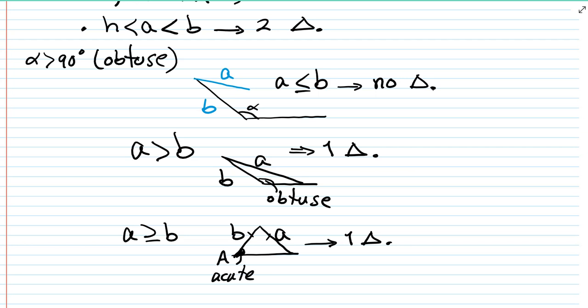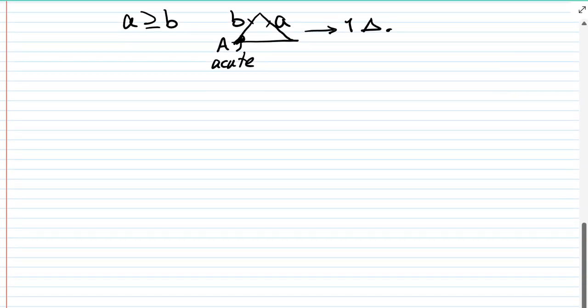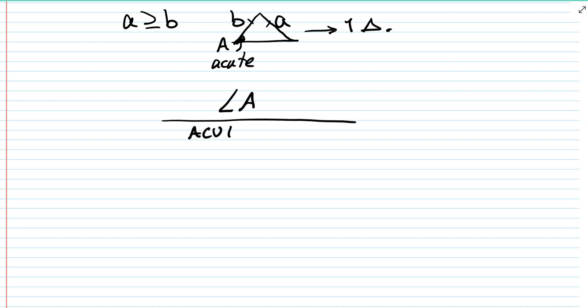Now, how are we going to do this? Maybe I can summarize all this in a chart for you. Let's do that because it's all over the place. So here's a measure of angle A, whose opposite side is given. If it's acute or if it's obtuse, we're going to create our table here.